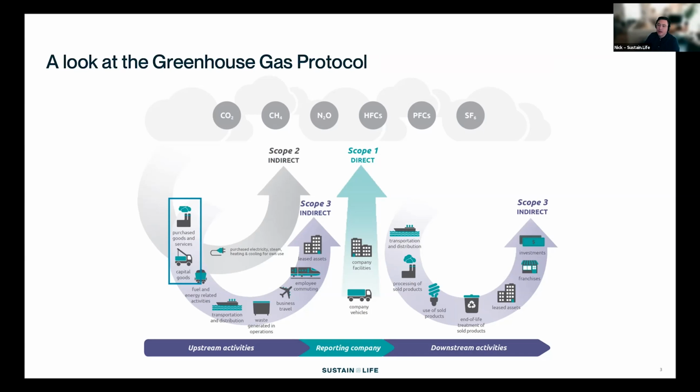So it's a way for you to collect more than just information on your supplier's emissions. And it's a really nice automatic tool because you can bring in your suppliers and then automatically send them a survey. You don't have to go through your email or anything. They'll get an email from Sustain.Life, and then they can report through our platform, and it'll roll up the next time you log into your account.